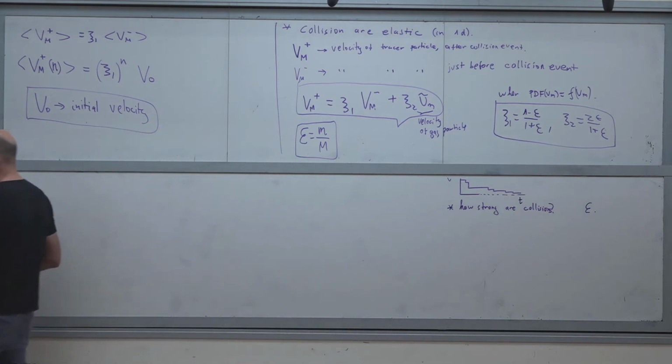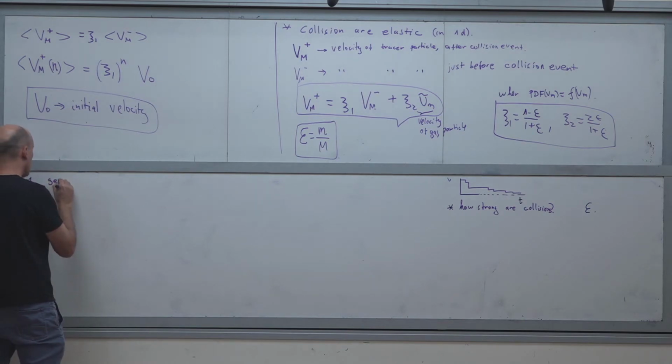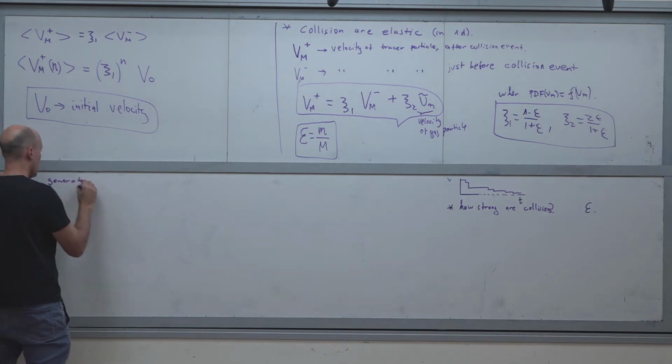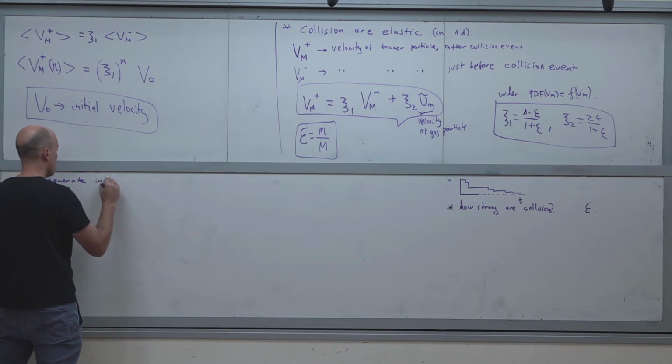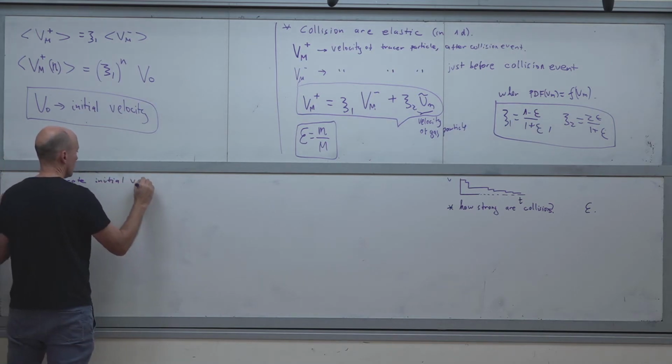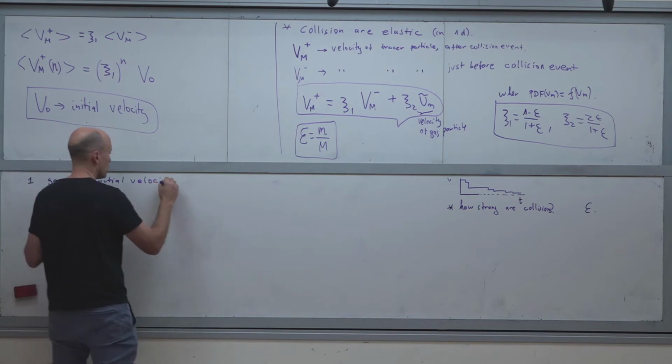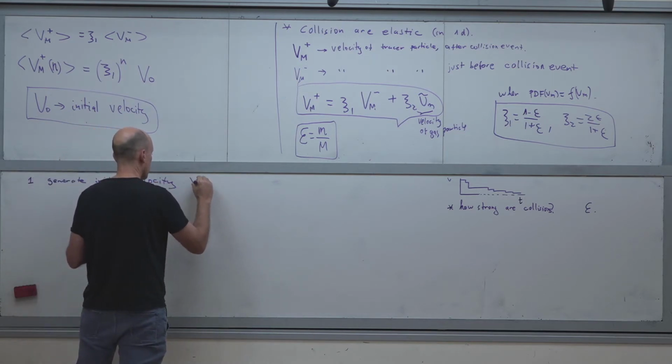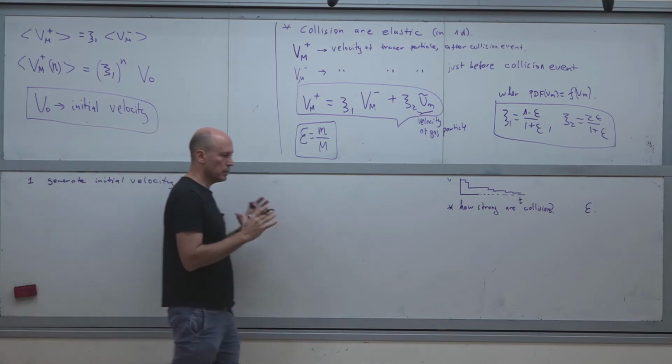So what do you do? Step 1, generate the initial velocity. You need to tell me what is this initial velocity of the tracer particle, capital V0.